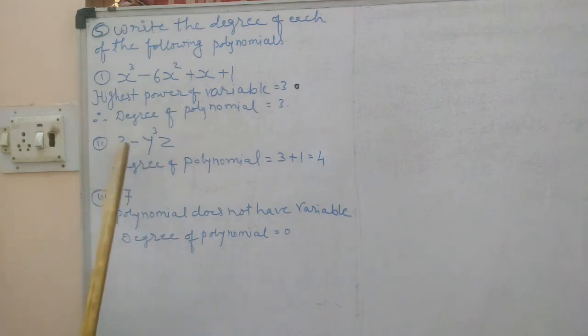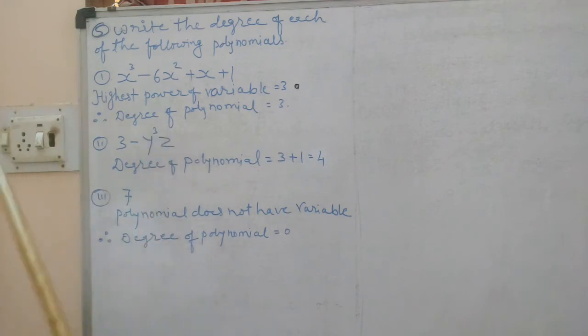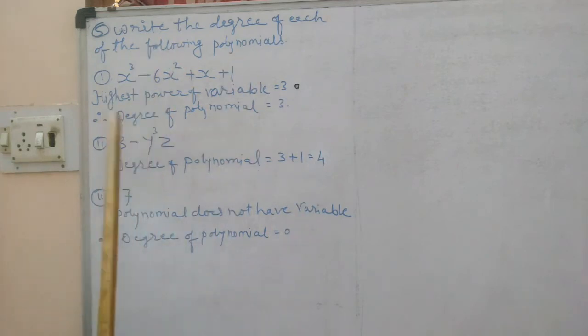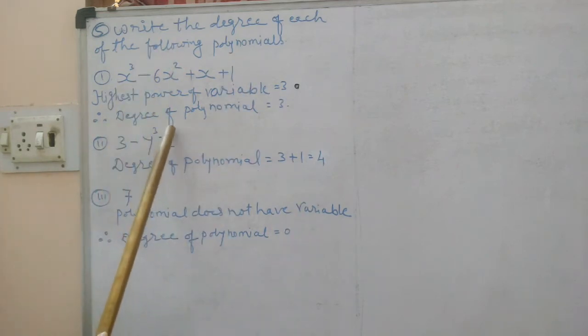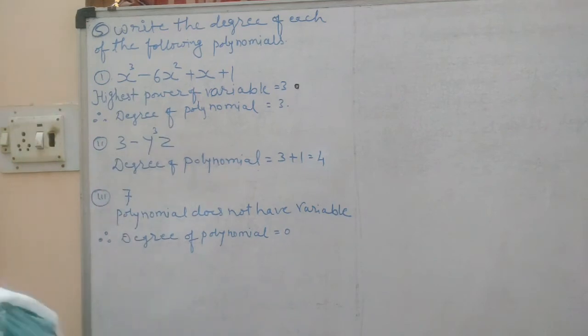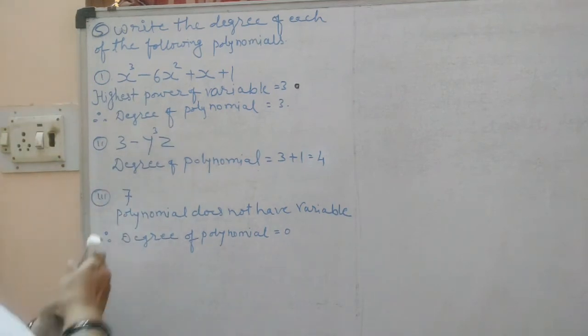Now the second one, 3 minus y cube plus y cube z. Okay. In this expression we have two variables, y and z, and y's power is 3 and z's power is 1.